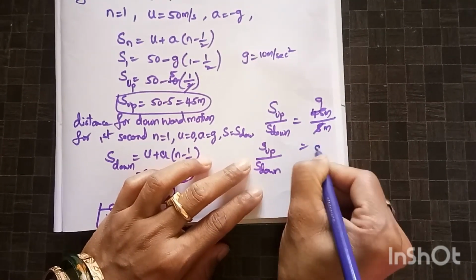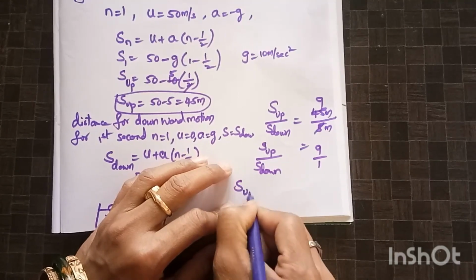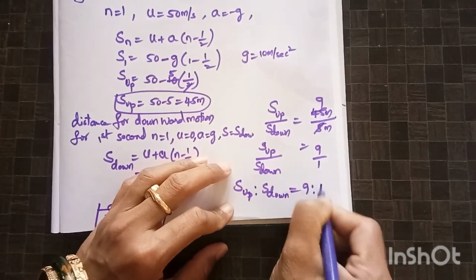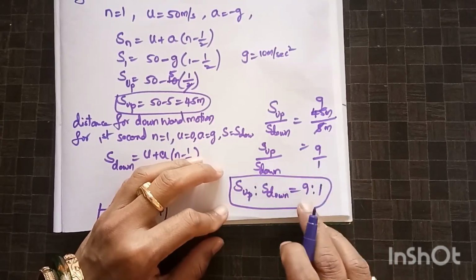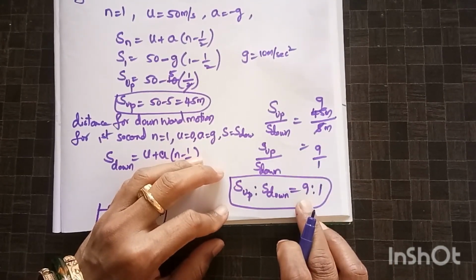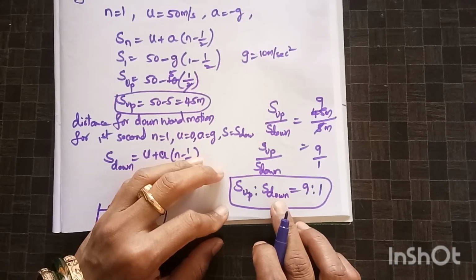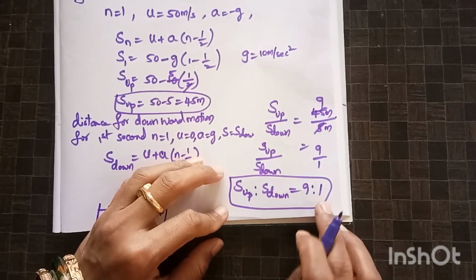S up is to S down is 9 is to 1. So the answer will be 9 is to 1.